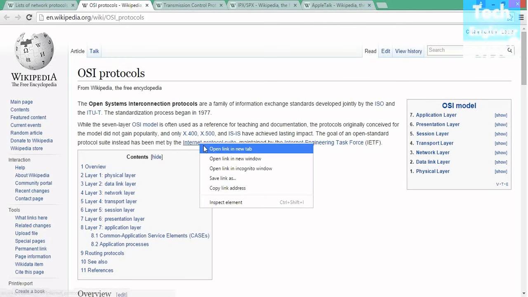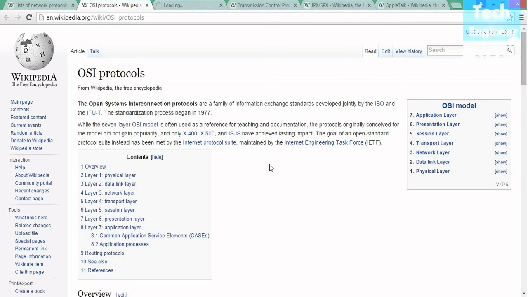When I open this documentation, I will get to know about the protocol suite. But the OSI protocols basically have only one purpose, and that is giving a suite, a protocol which should be the same, a standard protocol for all networks.